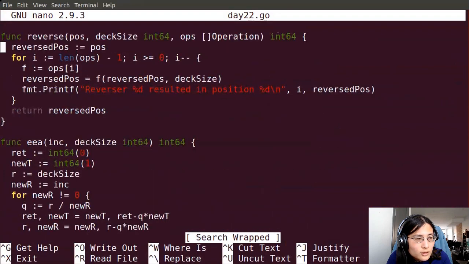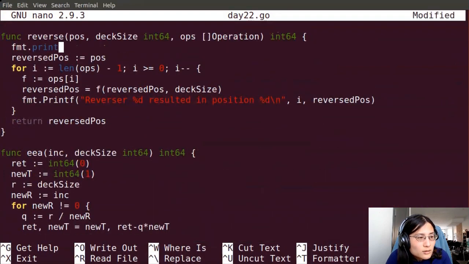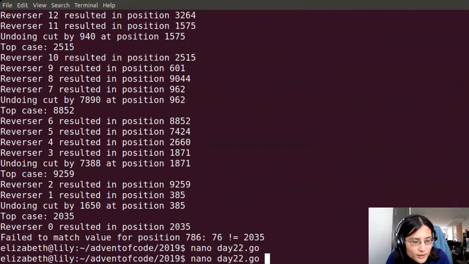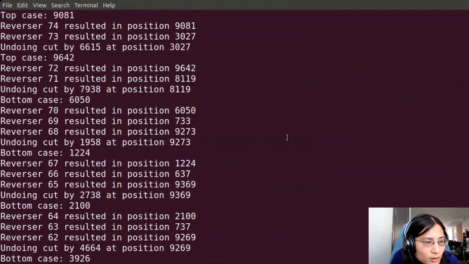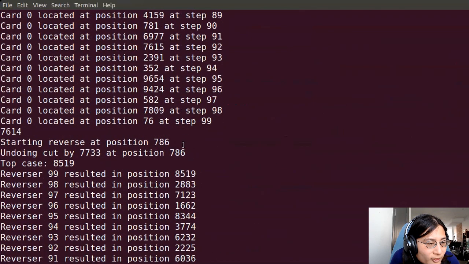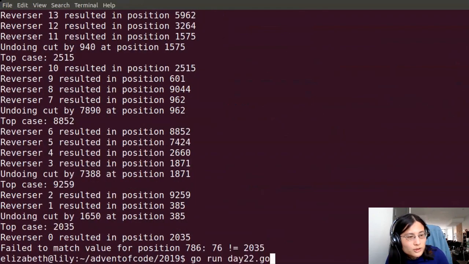This makes no sense. Okay. Trying to reverse at position 786.